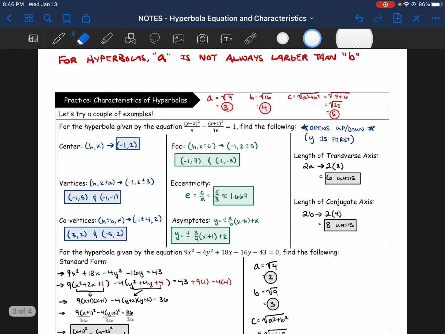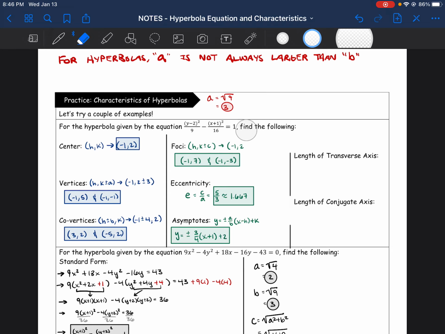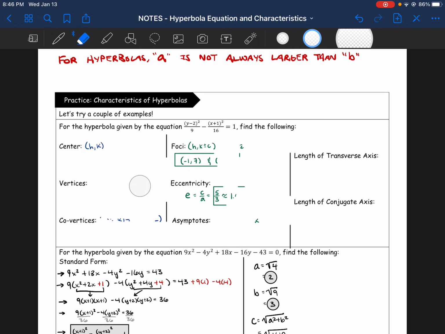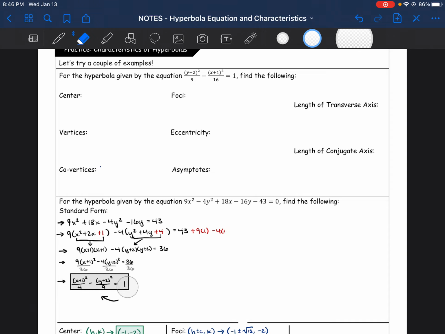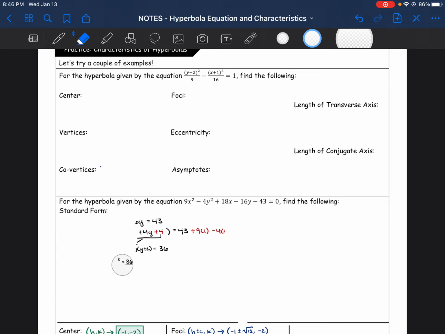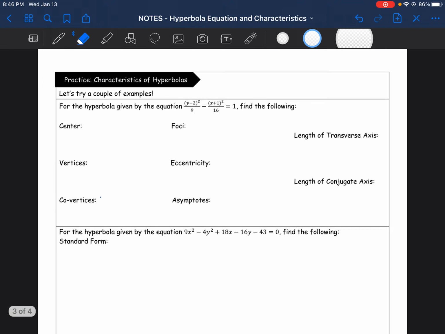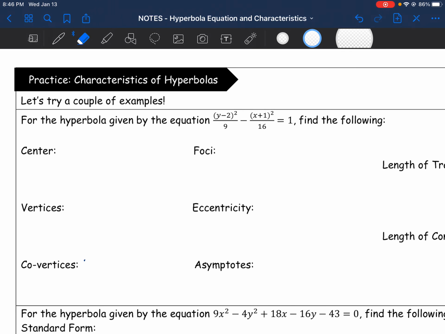All right, so let's try some practice problems. I'm going to erase all this real quick so we have some space to write. All right, so in our first example, we're going to be given the equation of the hyperbola in standard form, and we want to find all the following characteristics.